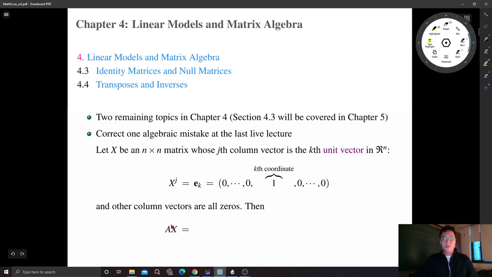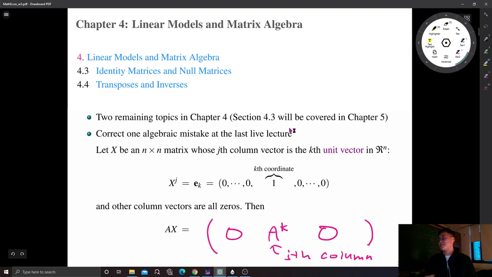And post-multiplying matrix A by this matrix X gives us the kth column of matrix A, and that appears in the jth column in the product. All right, so the answer is going to be A super K, the kth column of matrix A, appears in the jth column, and the other columns are all equal to 0.